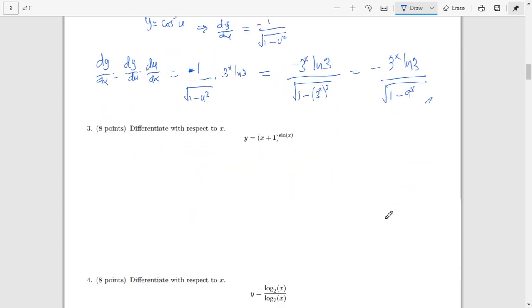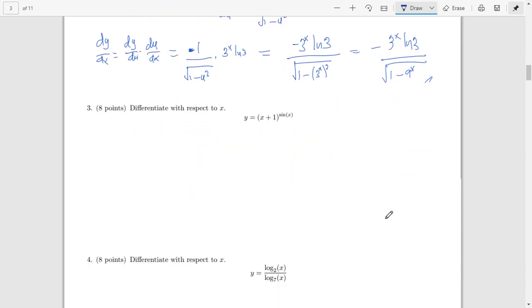Now, for this problem here, the easiest way for us to differentiate this is by using log differentiation. So if I want to do log diff, how do I do that? I'll take the natural log of both sides, differentiate implicitly, and then write the solution the way it should be.